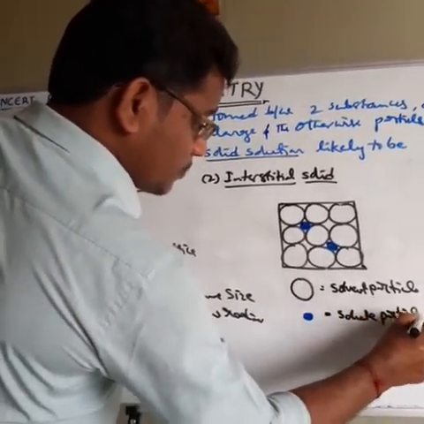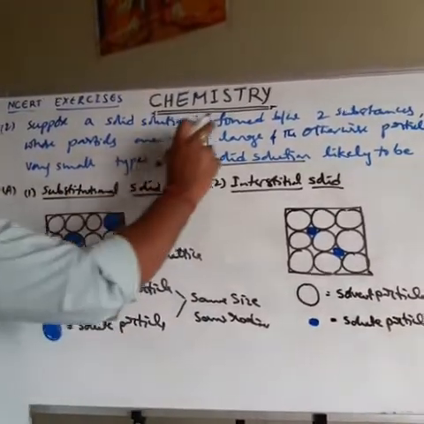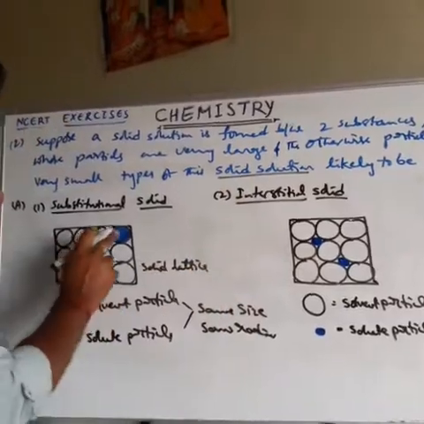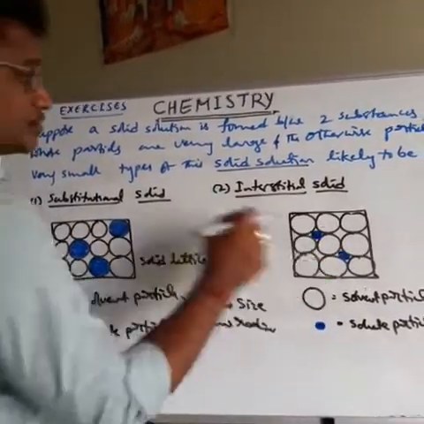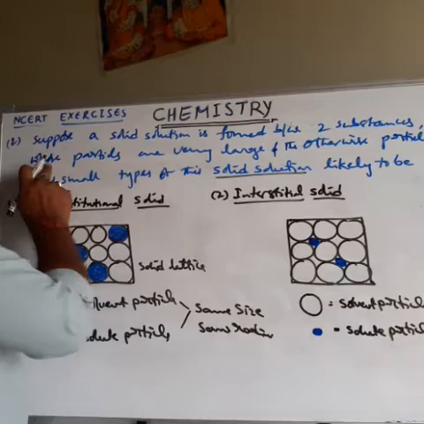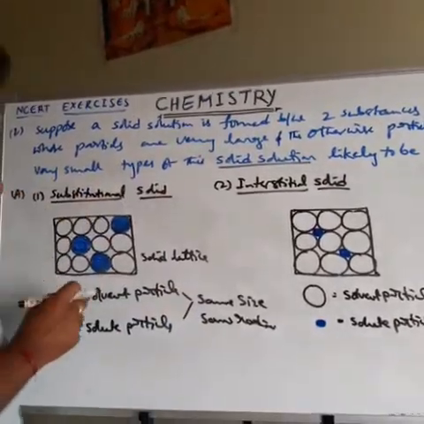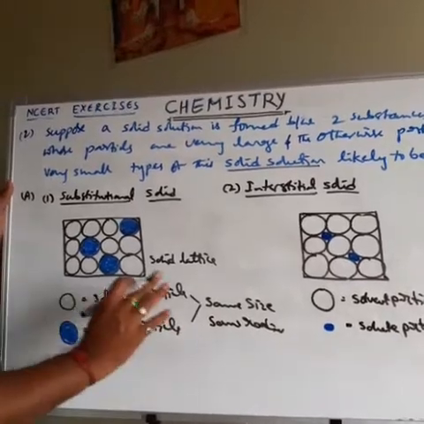Here the question means a solid solution is formed between two solid substances. Here one of the particles is very large and the other is very small. In substitutional solids both particles are of similar size, similar radius.